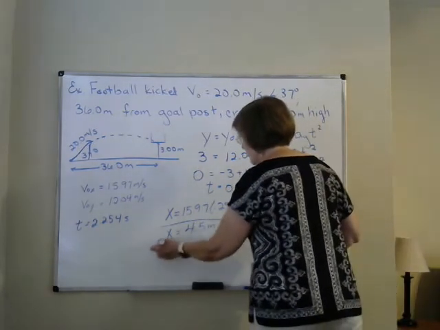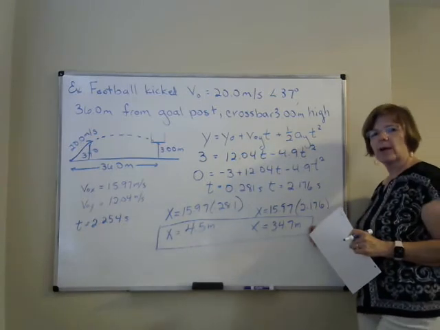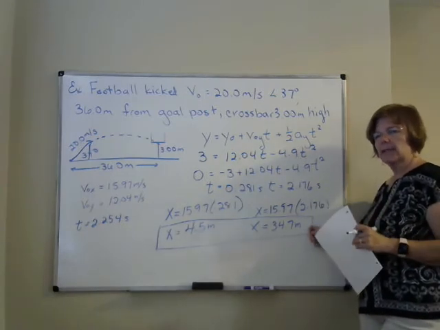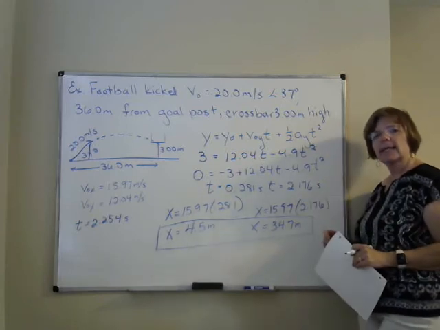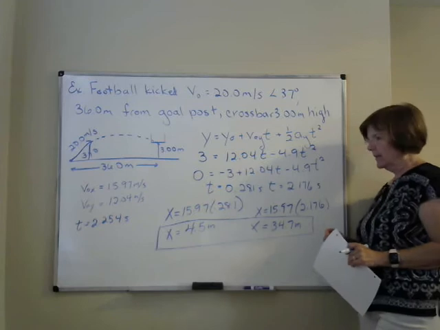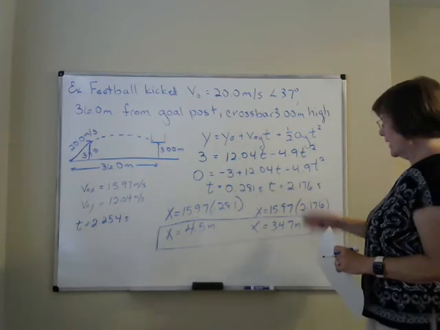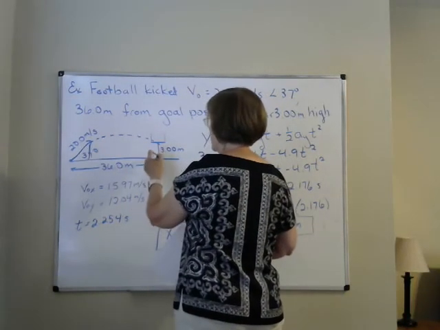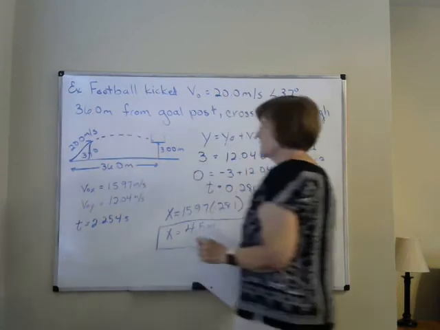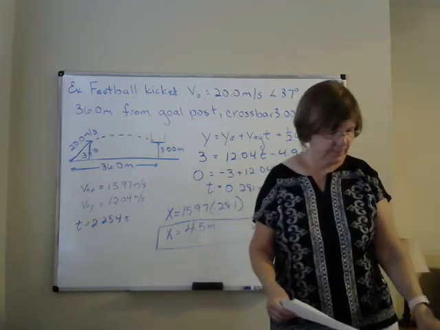There's my range. At 36 meters, he was just a little too far away. 34.7 is the maximum distance from the goalpost that he can be and be successful. 4.5 is the minimum, but anywhere between 4.5 and 34.7, he's going to successfully make that goal.